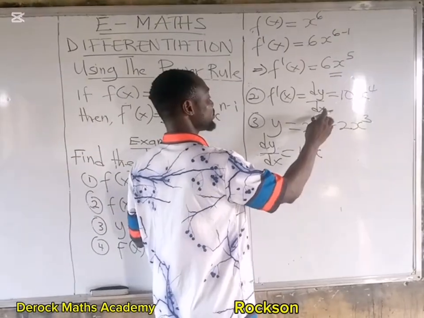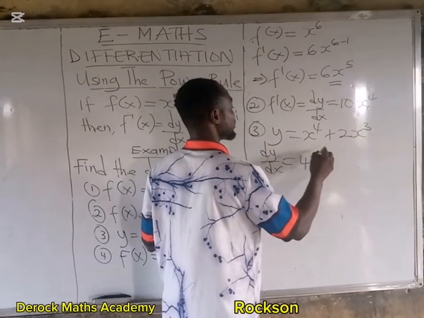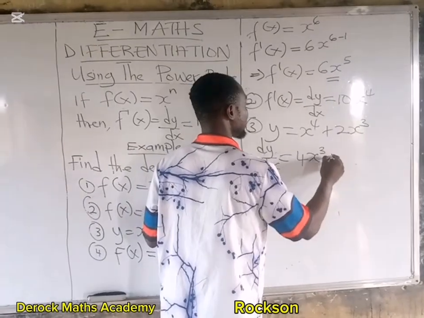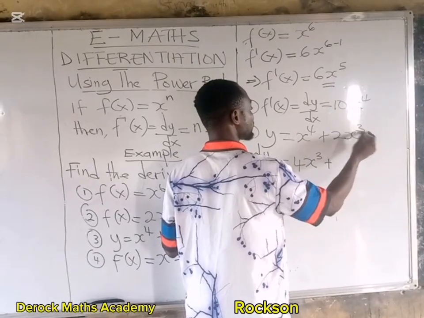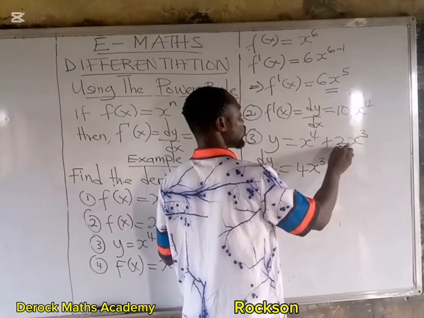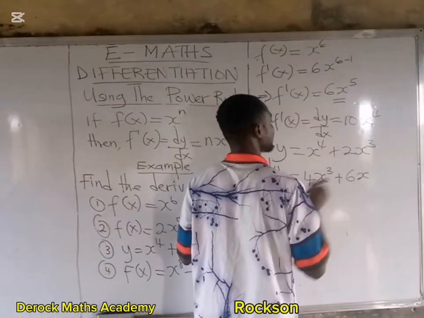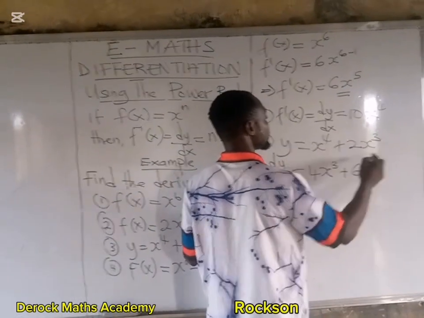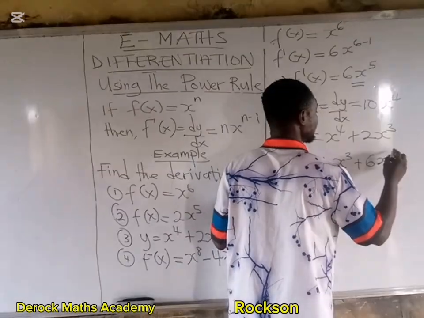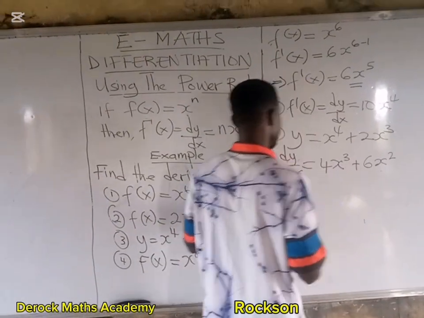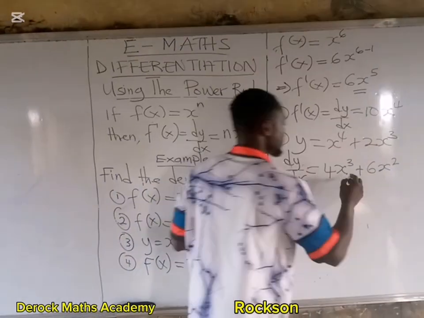So you subtract 1 from the exponent, so 4 minus 1 will give us 3, plus 3, that is the exponent, times the coefficient, making 6x. Then you subtract 1 from 3, making 2. So the derivative of this function is this.